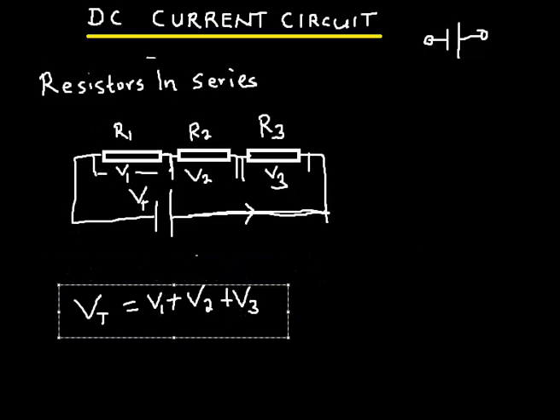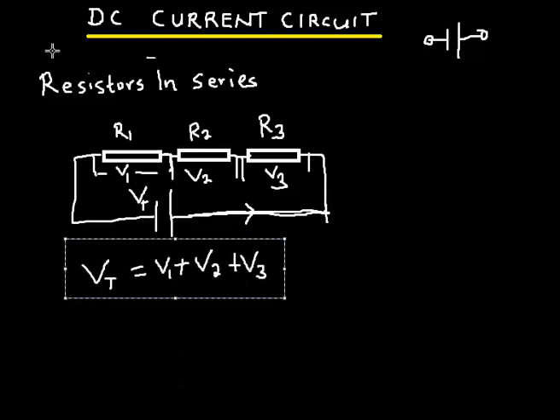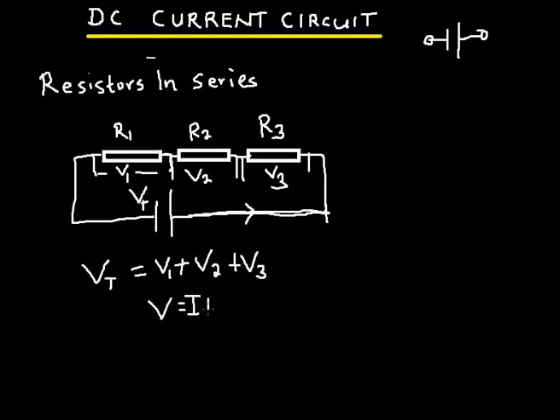From Ohm's law, by now I believe that you know Ohm's law, we have the formula V is equal to IR. Potential difference is always equal to current times resistance. So I replace that into this expression. For the total voltage Vt, that's going to be I times R total.